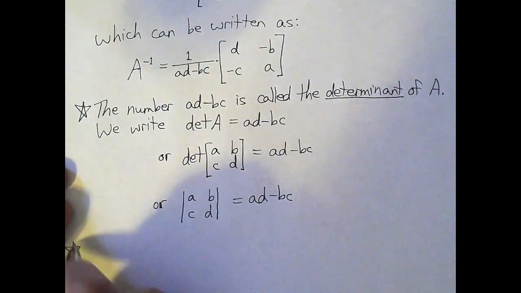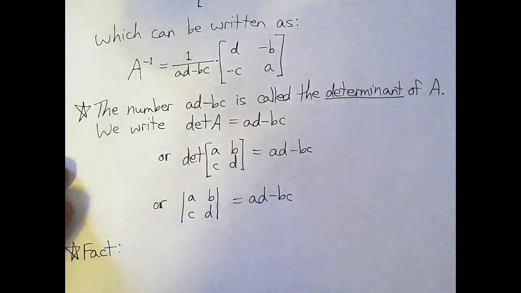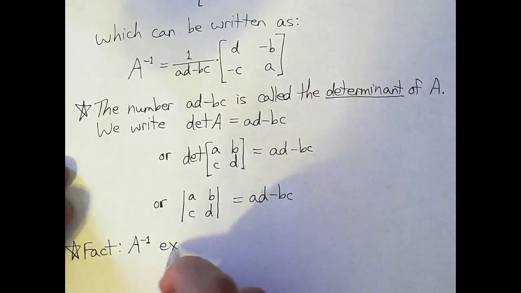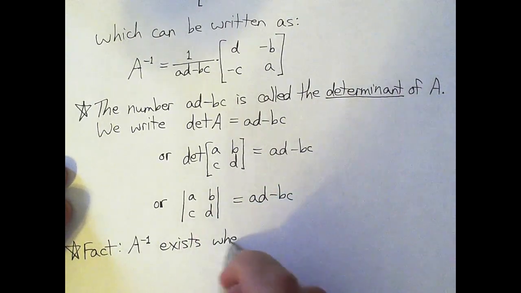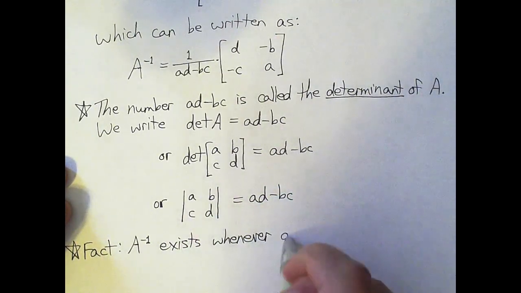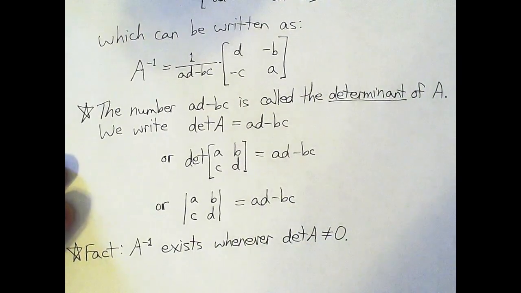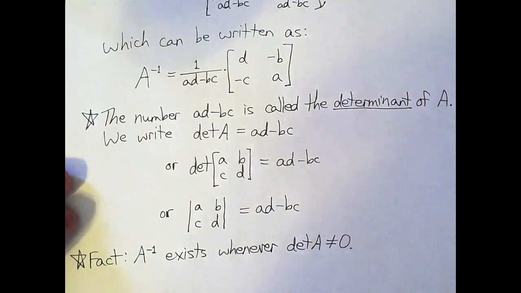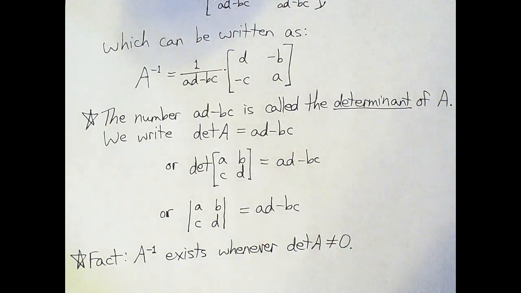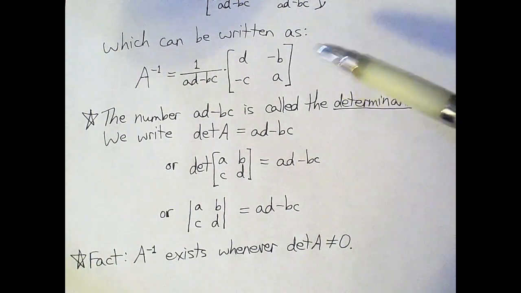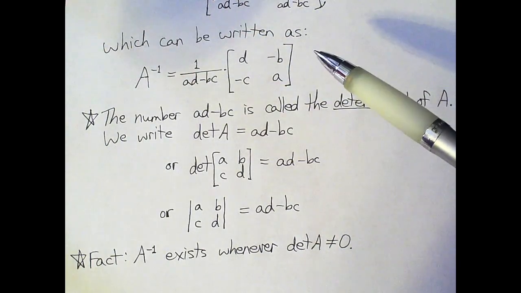I have a fact to tell you about inverses and determinants. A inverse exists whenever the determinant of A is not equal to 0. All right, it's important to us that the determinant is not 0 if there's going to be an inverse, because we wrote above that if the matrix A has an inverse, it follows this formula.